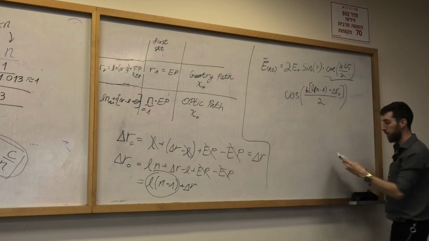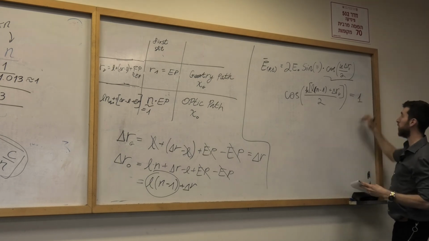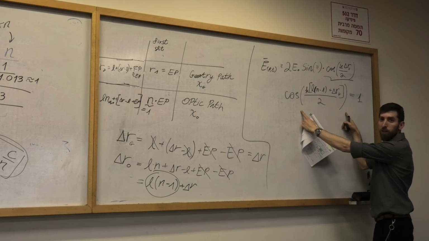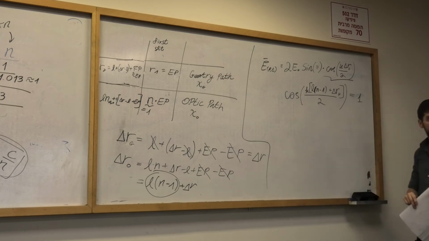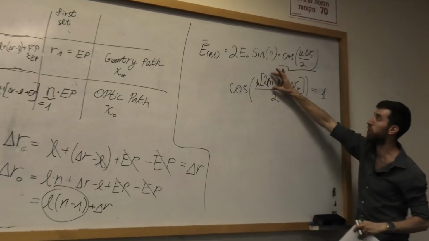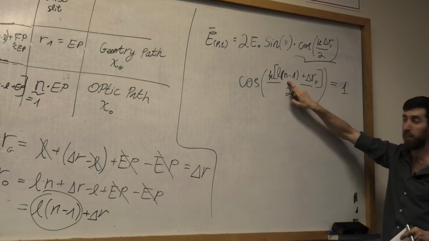And if, for example, you want to find maxima, this needs to be equal to 1, which means all of this needs to be equal to 1. Understood? You see what happened here? The picture is not symmetric anymore. This delta R is shifted by this term, where n is the refractive index.